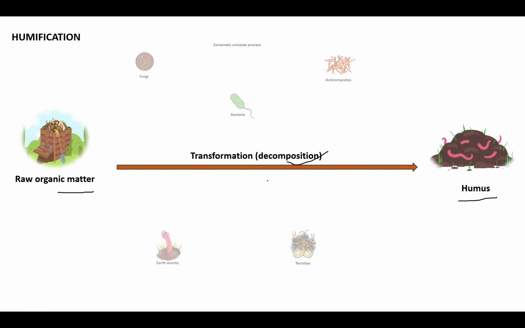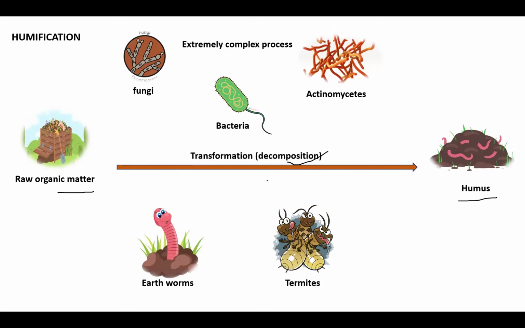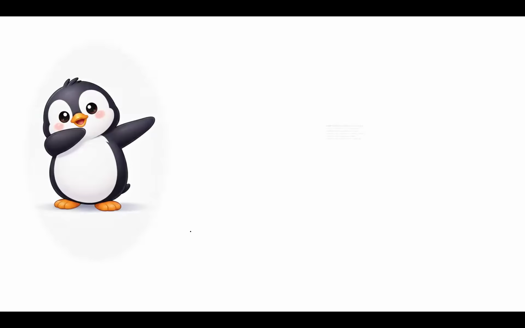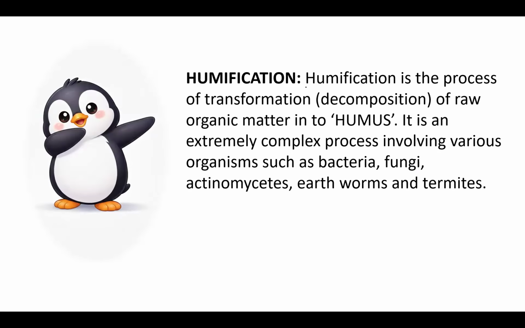It is a very complex process and is mediated by fungi, bacteria, actinomycetes, earthworms and termites. That means various microorganisms or organisms are involved in humification. So this is the definition. What does the definition say?